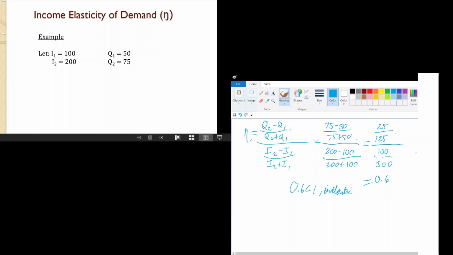Okay, so less than 1. And then it is positive. Therefore, it is a normal good. So, 0.6 is greater than 0 but less than 1. Therefore, it is a necessity. Okay, so we have here inelastic, normal good kasi positive, and necessity kasi between 0 and 1 siya.